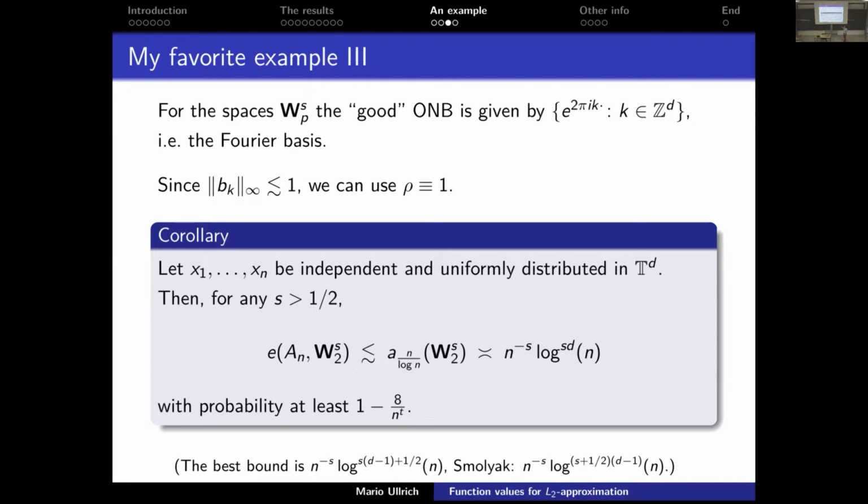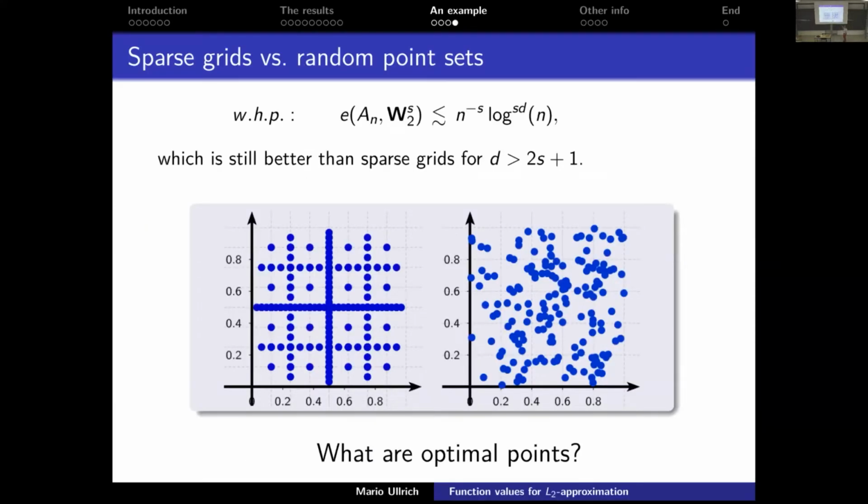And Smolyak only achieves s plus 1/2 times d minus 1. And you might already see that if the dimension grows, our bound is better than Smolyak already. So this means we have with high probability this, and this is of a better order than sparse grids if d is larger than 2 times s plus 1.